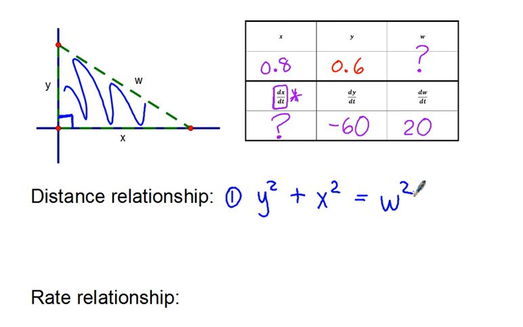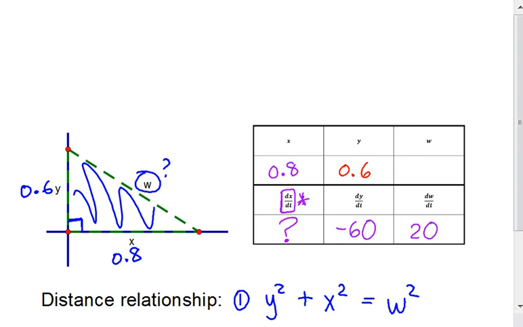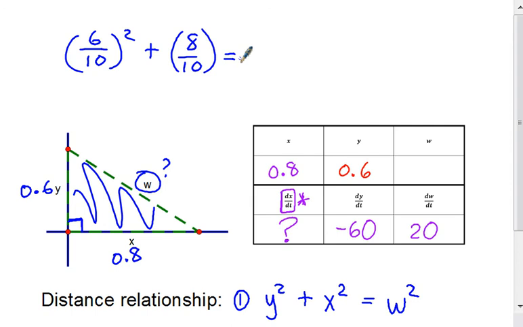And in fact, can I pause for a moment and try to figure out the answer to this little math puzzle here? We have, when this distance is 8/10 and this distance is 6/10, we would like to know the value of this quantity. Okay, so a little sidebar, let me just make some room for this. We know that 6/10 squared, and maybe this will be convenient to do in fractions since decimals can be awkward, 6/10 squared plus 8/10 squared is equal to w squared.